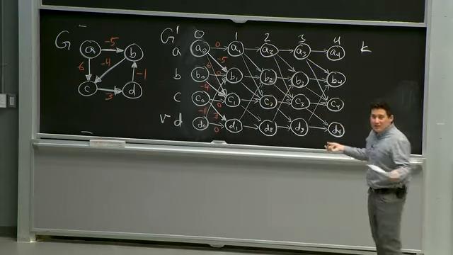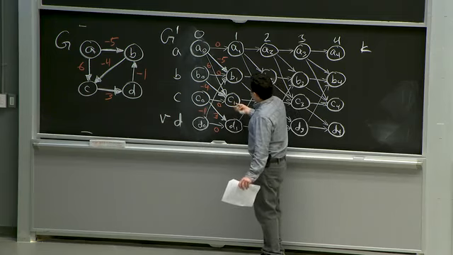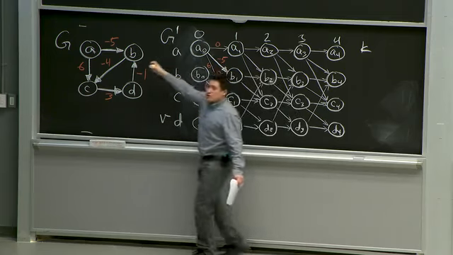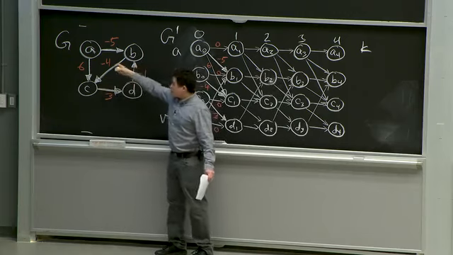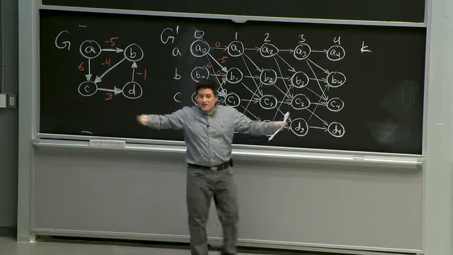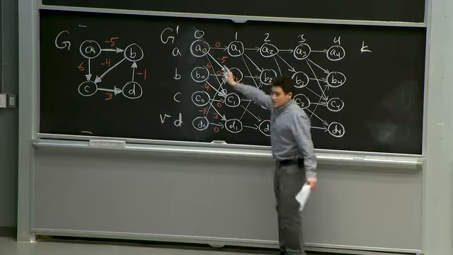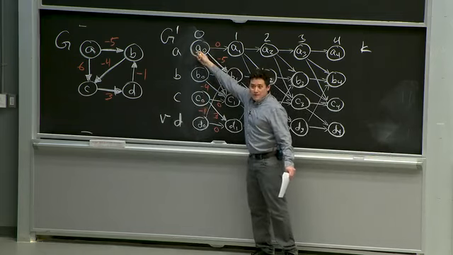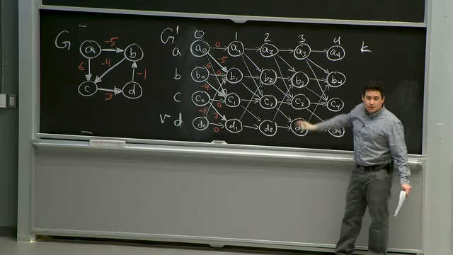I can't get there in 0 edges. But then any path in this graph using at most k edges is going to correspond to a path from A0 to a vertex in the corresponding level.